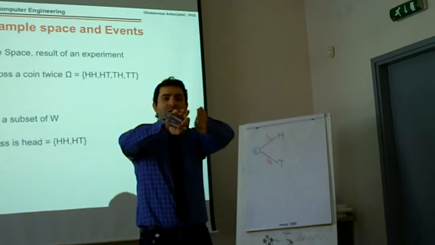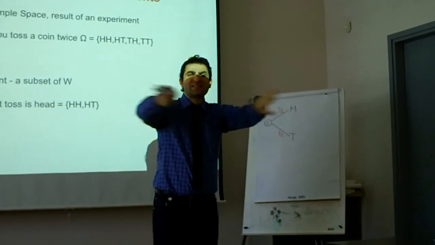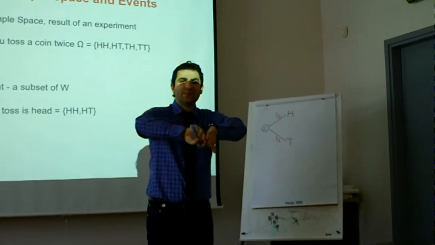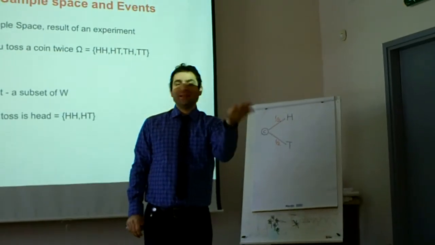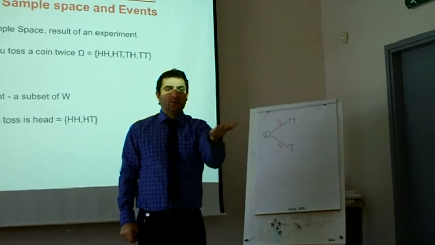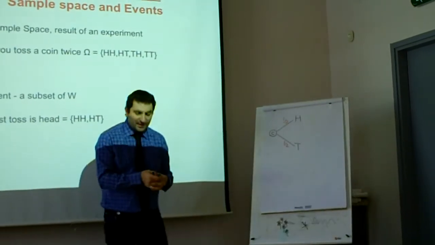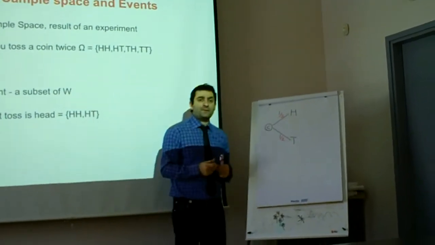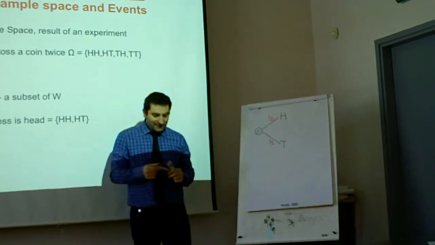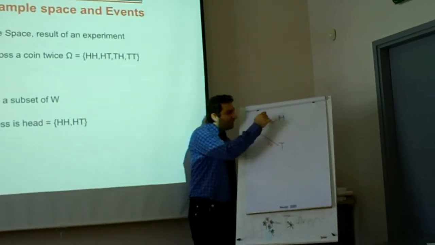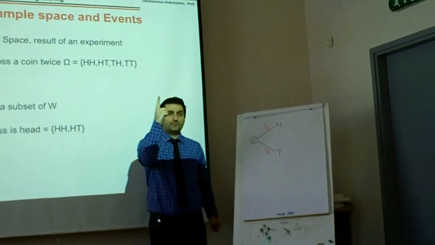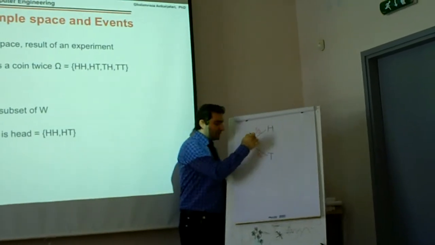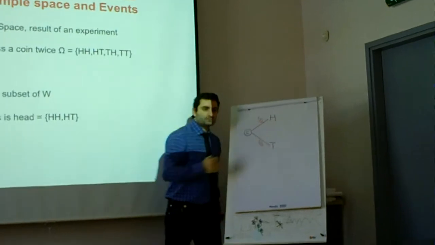No. In other words, they are mutually exclusive. They cannot happen at the same time. If you toss a coin and it is head, it is not possible to be tail. Or if it is tail, it cannot be head. In this type of experiment, as you will see a bit later, if we add all the probability values, we will get 1. So 1 over 2 plus 1 over 2 is 1.